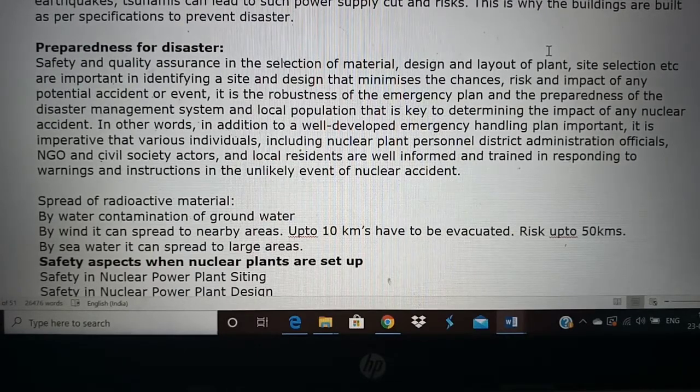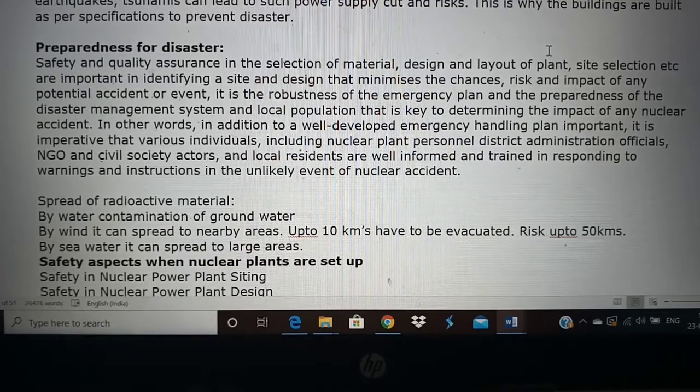These are very important because that will help in preventing various accidents. You should not build a nuclear reactor in areas where there are likely to be earthquakes. So you should build in areas where no earthquakes can happen. That is why in Tamil Nadu there are 2 nuclear power plants, because Tamil Nadu is not in the earthquake belt in India.